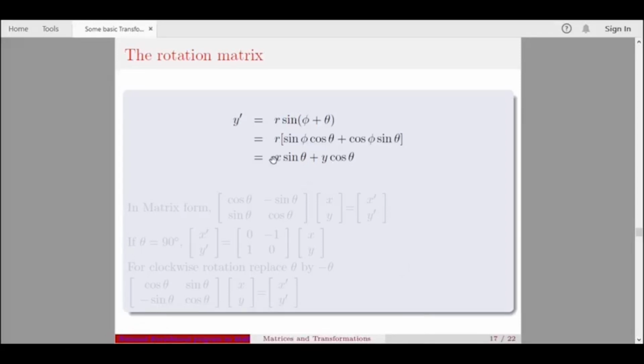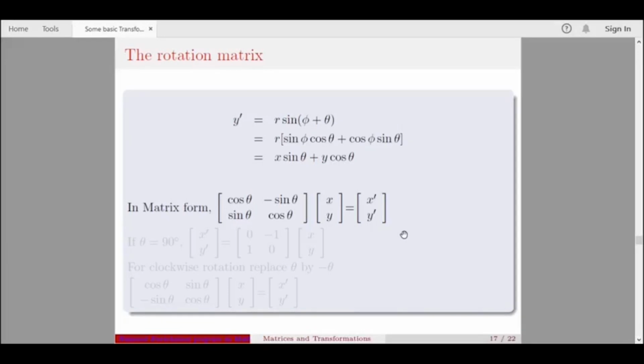So you will get y' as x sin theta plus y cos theta. If we write both x' and y' in matrix form, we get [cos theta -sin theta; sin theta cos theta] times (x, y) equals (x', y'). That is, x' = x cos theta minus y sin theta and y' = x sin theta plus y cos theta.